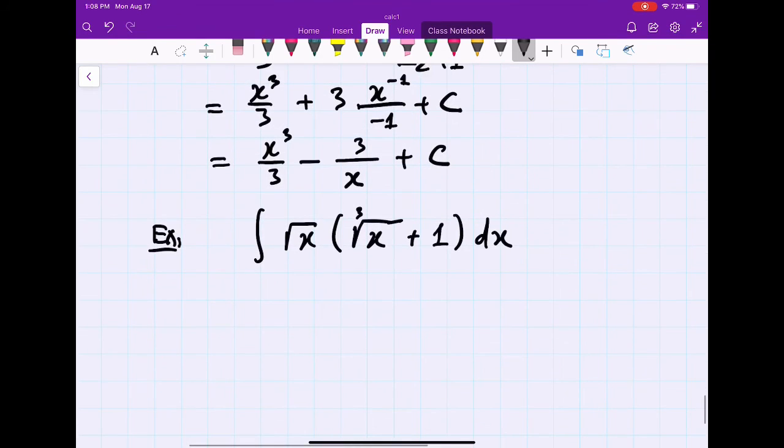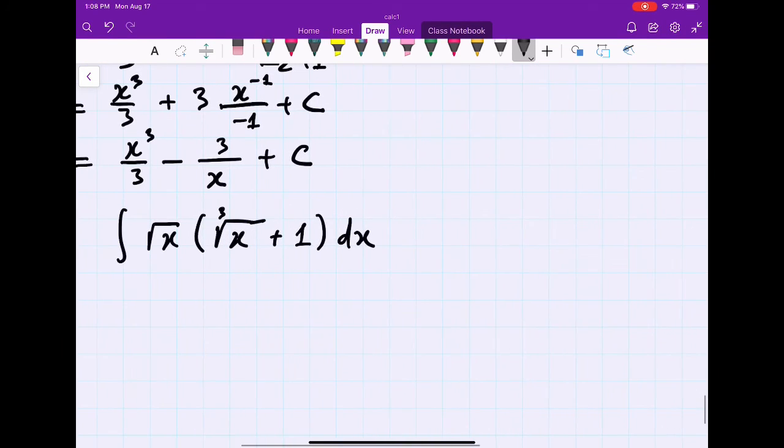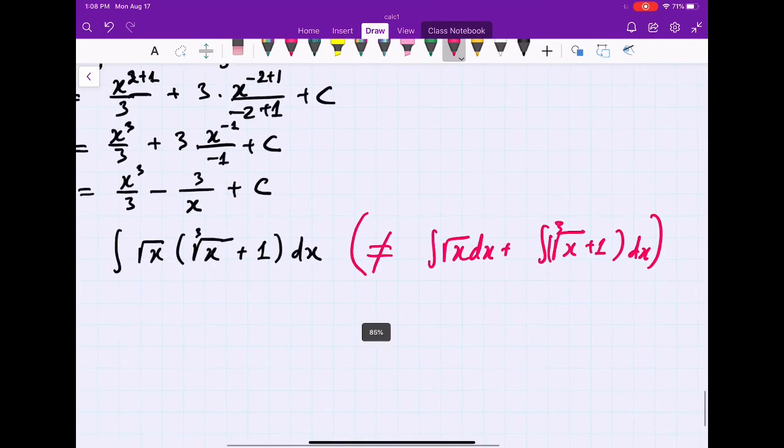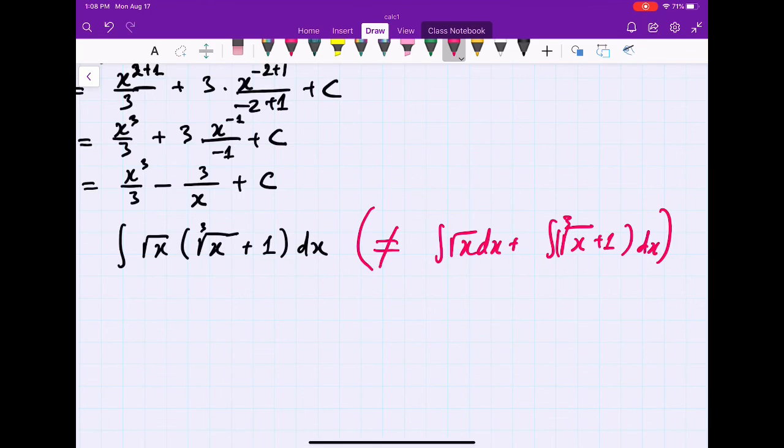And of course, we also don't have any product rule for integrals. Sometimes you see very difficult functions with a product. Please don't break this as the integral of square root of x dx plus the integral of cube root of x plus 1 dx. This is wrong. We don't have any product rule or quotient rule for integrals.